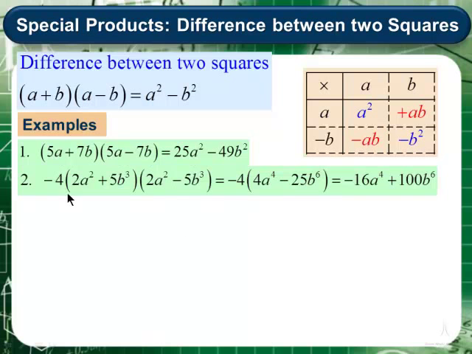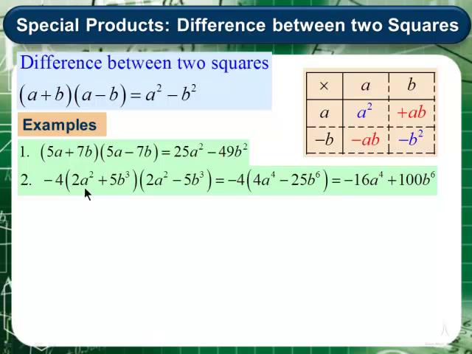Second example, similarly, we have the difference between two squares type product here. Because of the structure of the two binomials, they only differ in the sign, but now we have a numerical coefficient in front, minus 4. And remember, we apply the rule for the difference between two squares for the expansion, and then we still have to multiply with minus 4 in each case.